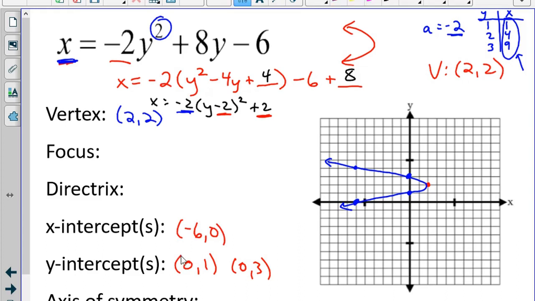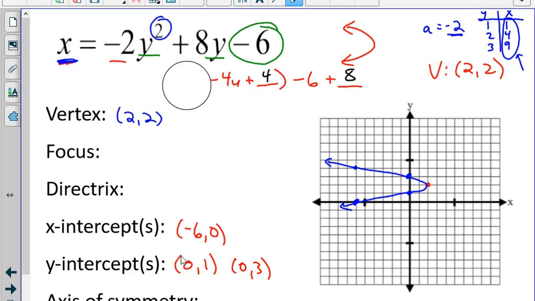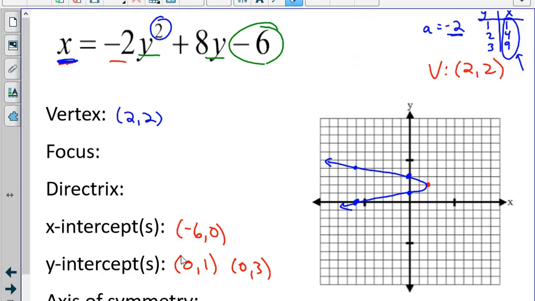For example, the x-intercept is definitely going to be -6 because I knew that just from the original problem. If I substituted 0 in for y, I'm going to get -6 for x. I also could have factored the problem. So instead of completing the square, I could have factored it, and notice that -2 is the greatest common factor.